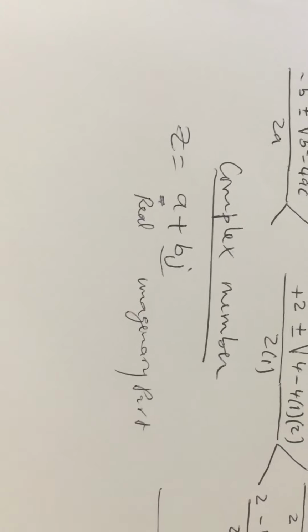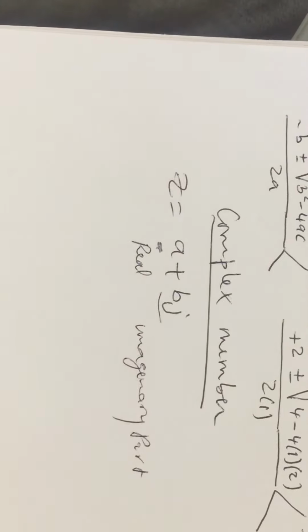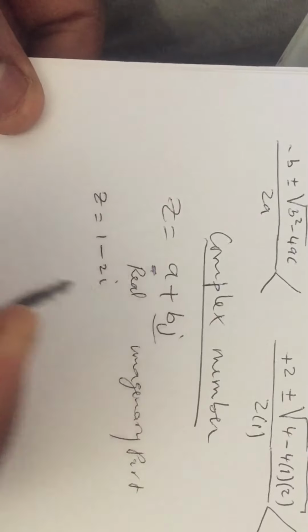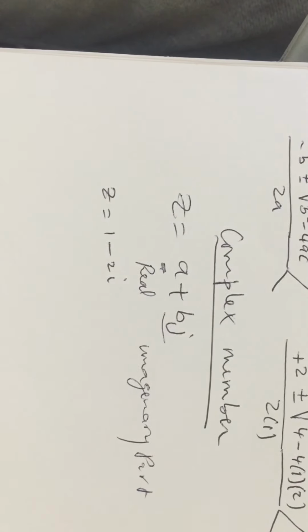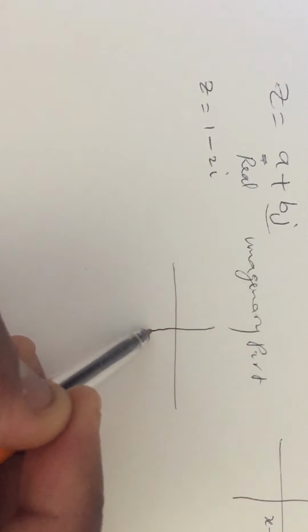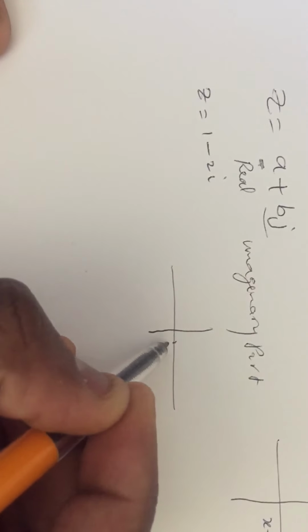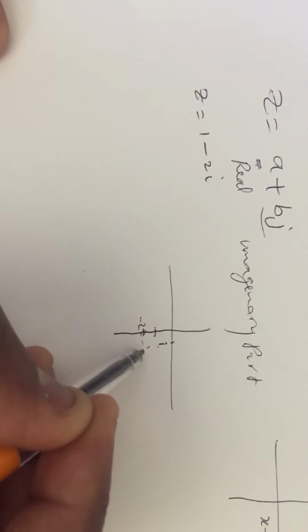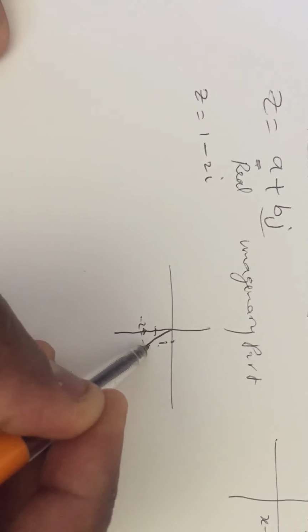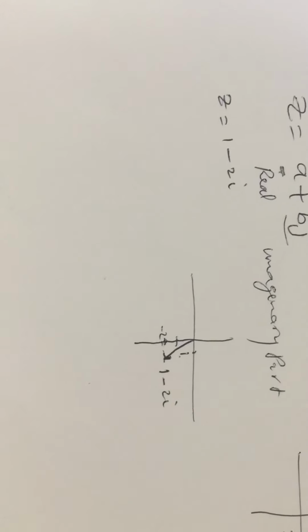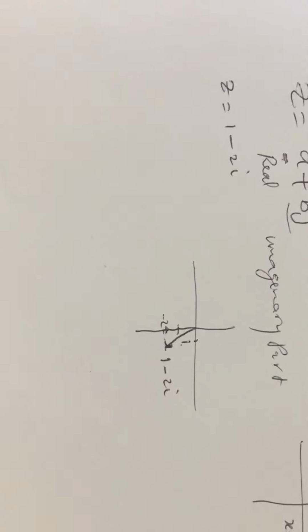For example, if I have 1 minus 2j, my real part is 1, and my imaginary part is minus 2. If I draw it, it's going to be here. This is 1 minus 2j. All right, let's continue.